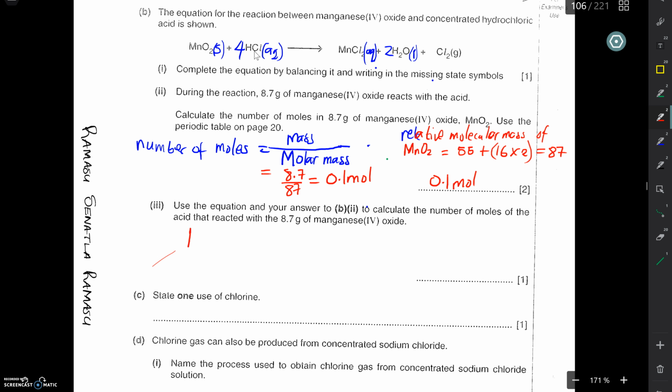So how many moles of hydrochloric acid will 0.1 moles of manganese 4 oxide react with?